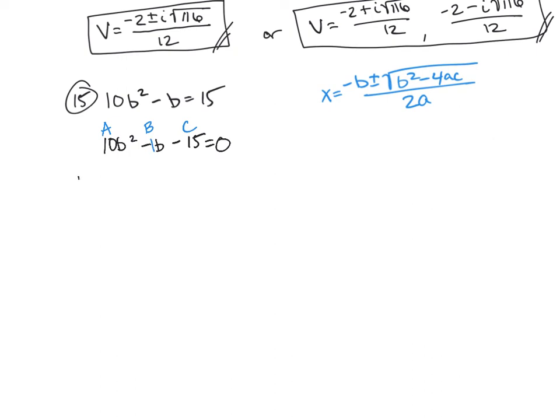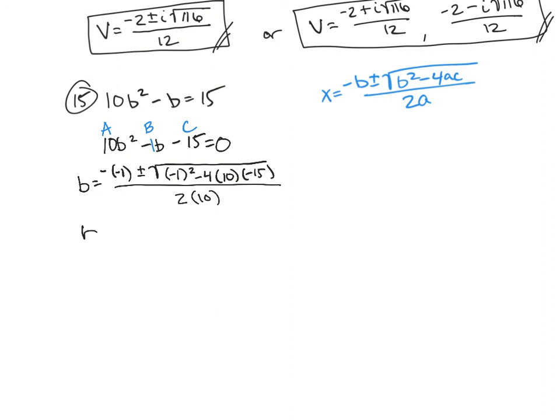So when we plug all of this into the quadratic formula, we'll have b is equal to negative our b value, which is already negative, so make sure you have those parentheses there, plus or minus the square root of our b value squared minus 4 times our a value of 10 times our c value of negative 15, bring that negative along, divided by 2 times our a value of 10.